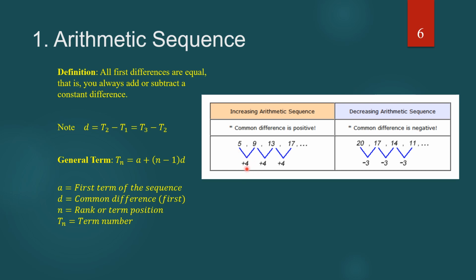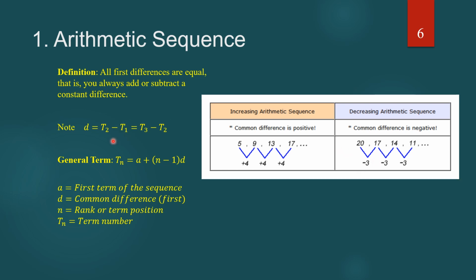Your first difference is constant and will always be positive, meaning your first term will always be smaller than the subsequent terms. And then the decreasing arithmetic sequence, you will notice it by a negative common difference, meaning your first term will always be larger than the subsequent terms.